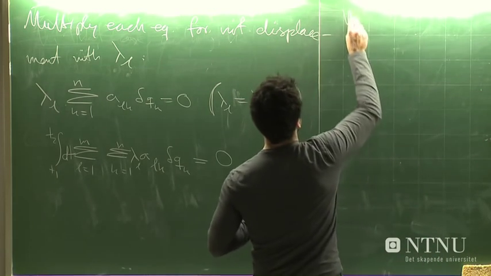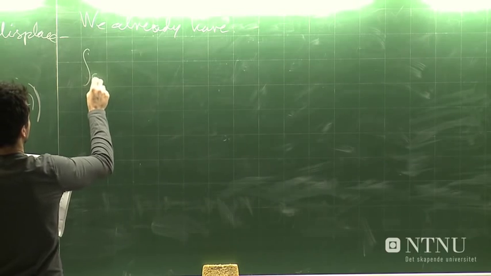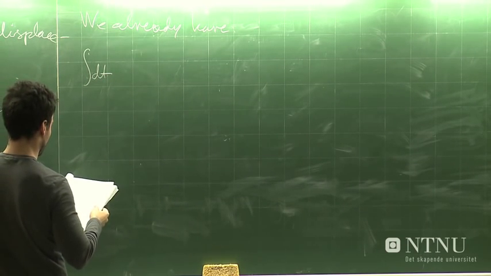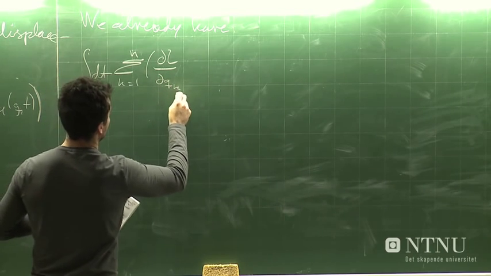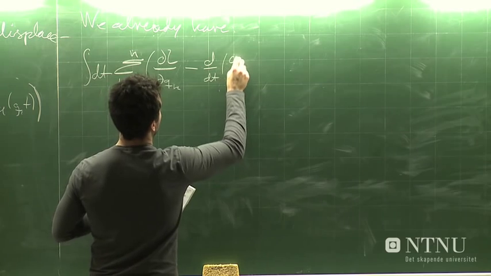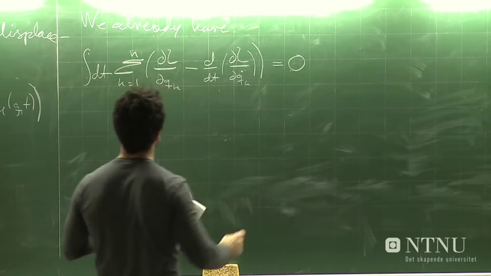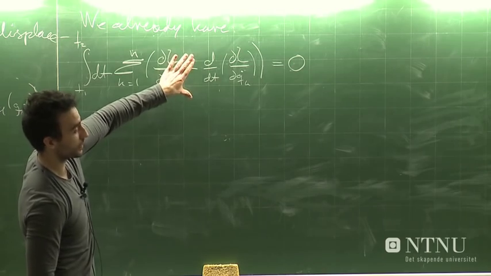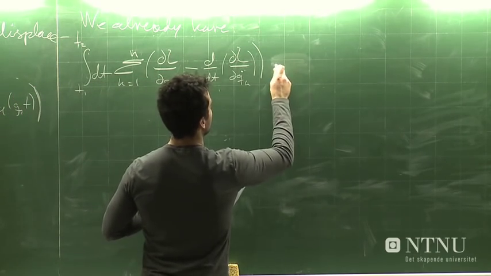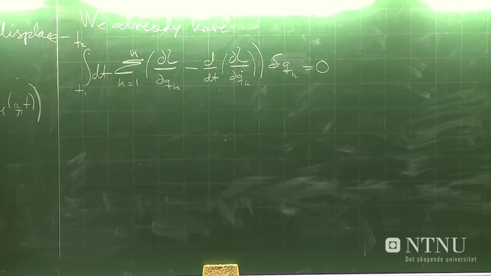So keep in mind, we already have this, where we cannot just say that this is equal to 0 anymore, because we know that, oh sorry, it should be a virtual displacement there, because we know that these are no longer independent due to the non-holonomic constraint. So let me combine this equation with this one.